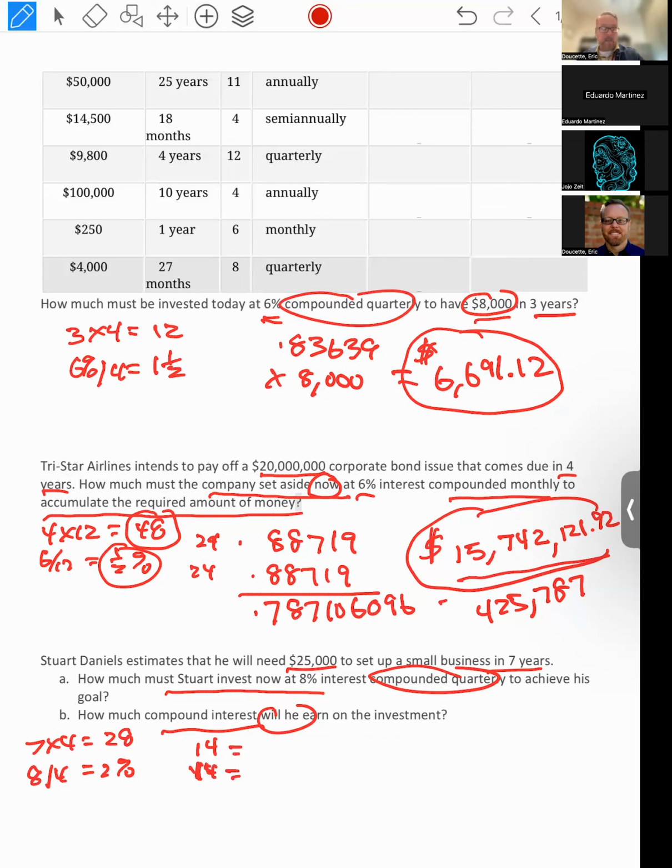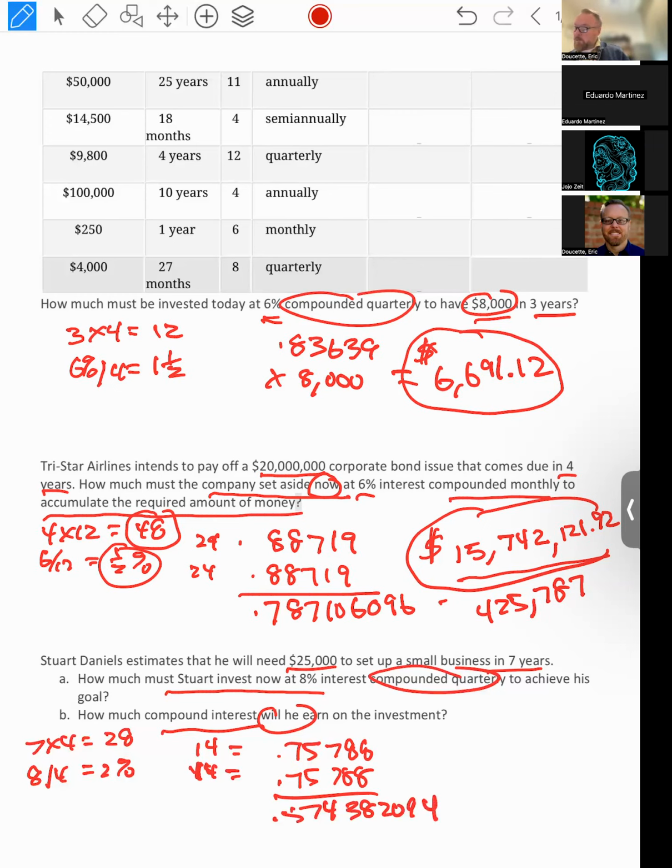What is the table factor for that? 14 at 2% is 0.75788. That's for the second 14. So I'm going to multiply those two together. 0.75788 times 0.75788 equals 0.574382094.